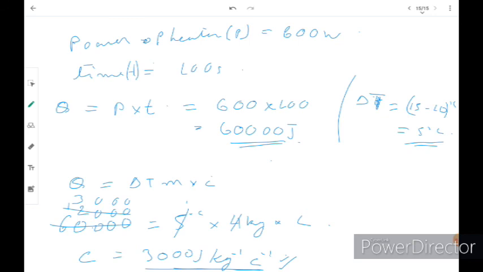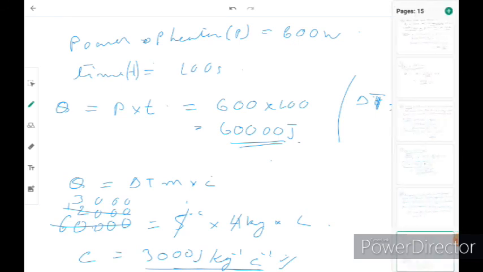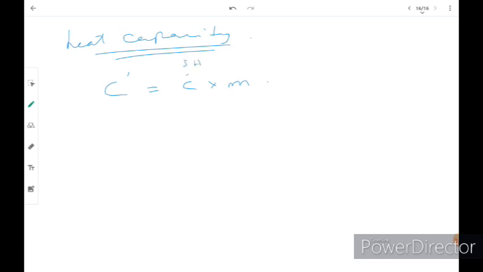Now we also need to find out the heat capacity. We know that heat capacity C is equal to c into m, where this c is the specific heat capacity.